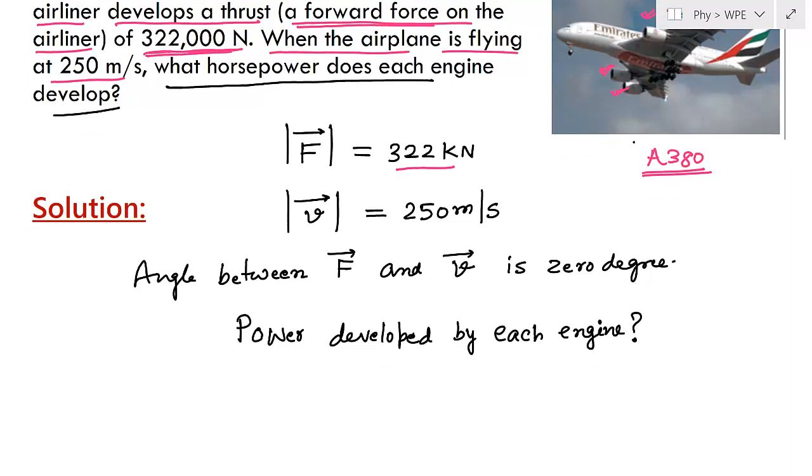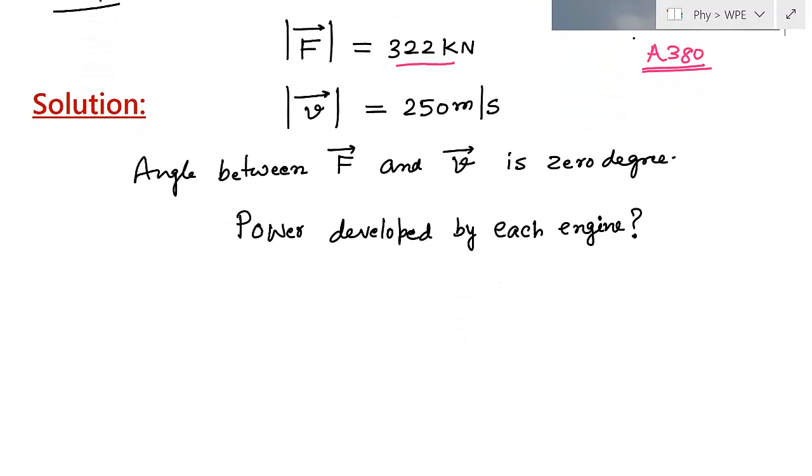So you may remember what is the formula to calculate power. Power is F dot V. This is the dot product. If you take the dot product of two quantities, it becomes a scalar quantity.